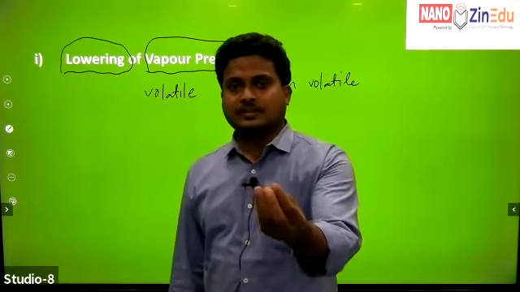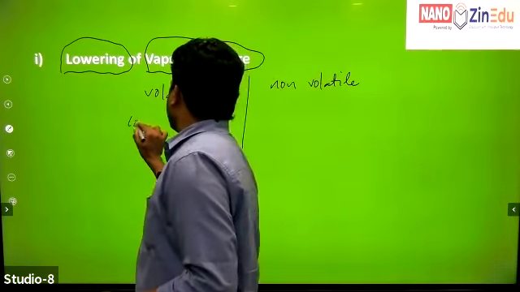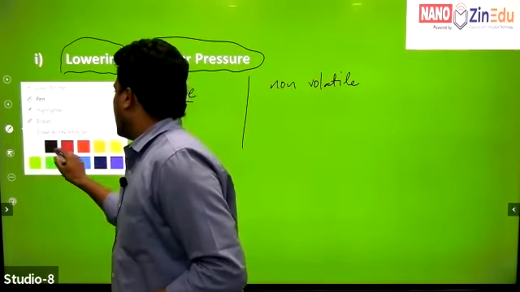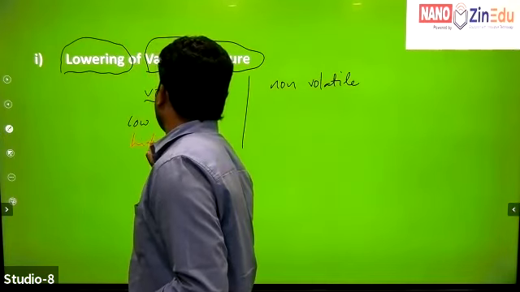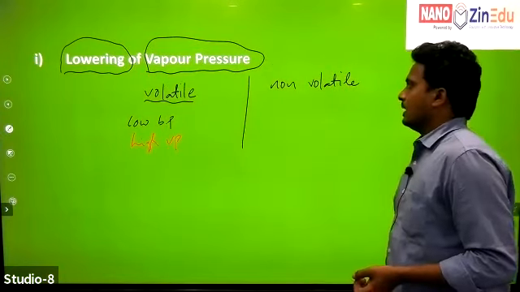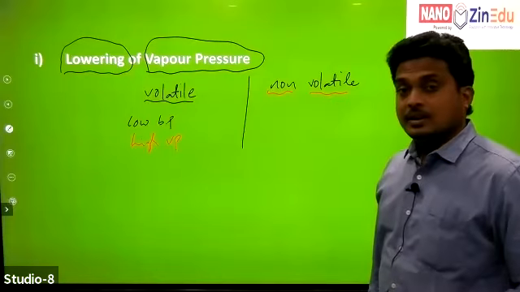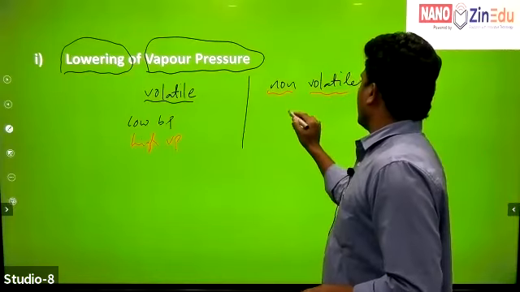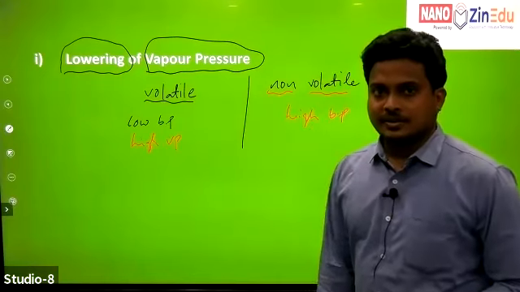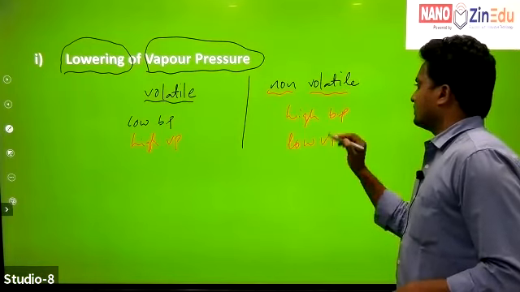Volatile solutes are substances which have a low boiling point and high vapor pressure. Non-volatile substances have a high boiling point and low vapor pressure.